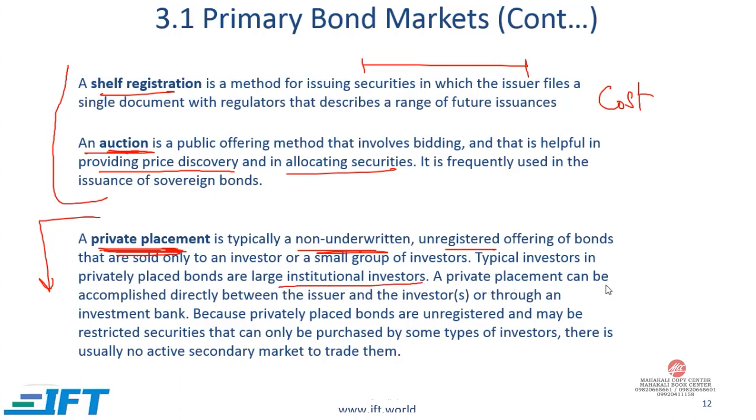A private placement can be accomplished directly between the issuer and the investors or through an investment bank. Because privately placed bonds are unregistered and may be restricted securities that are only purchased by some types of investors, there is usually no active secondary market to trade them in.